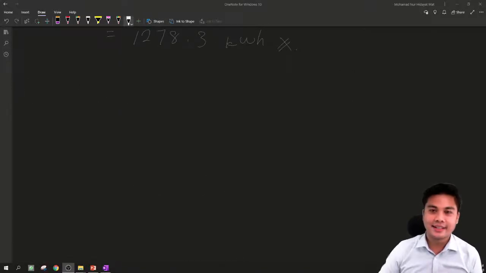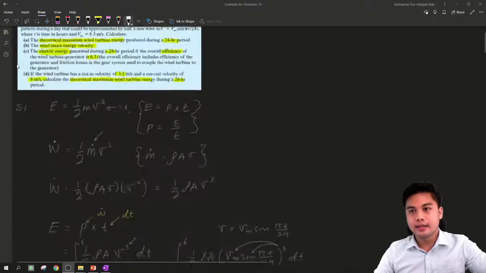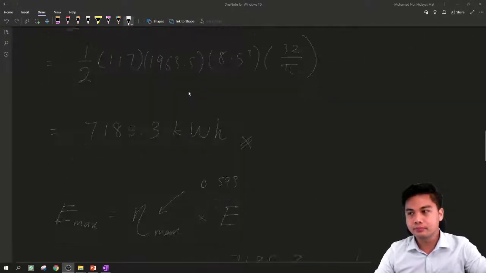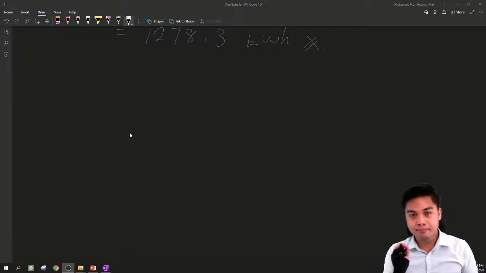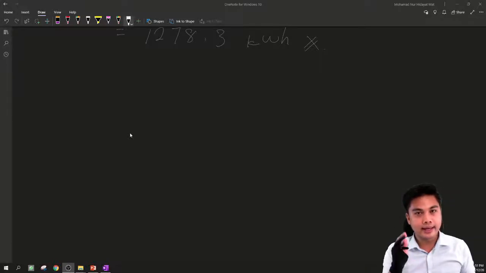Alright, the next question is we need to find if the wind turbine has cut in velocity of 3 meter per second and cut out velocity of 8 meter per second. Calculate the theoretical maximum wind turbine energy during 24 hours. Alright. So for this part, we need to find the time when the cut in velocity, and given there is 3.1 meter per second, and the time when the cut out velocity is 8 meter per second.